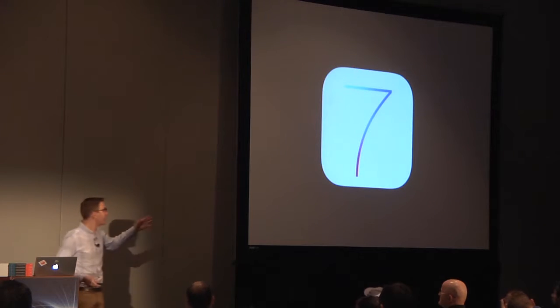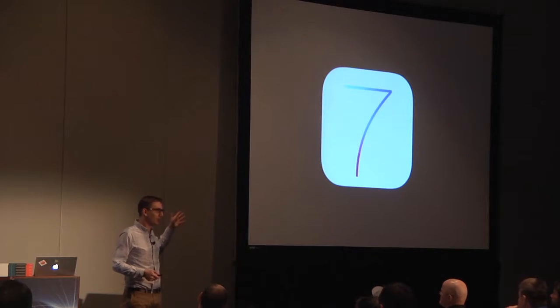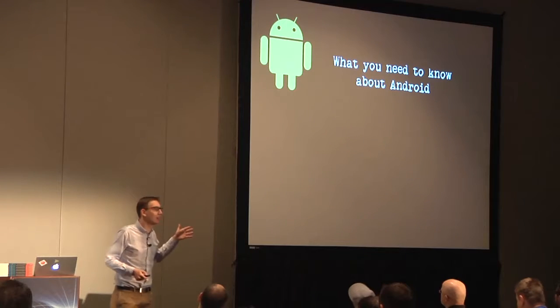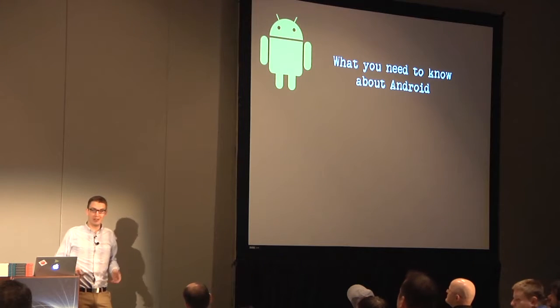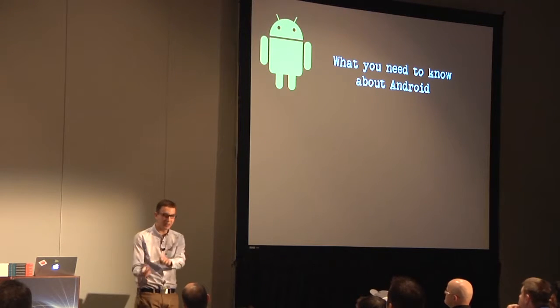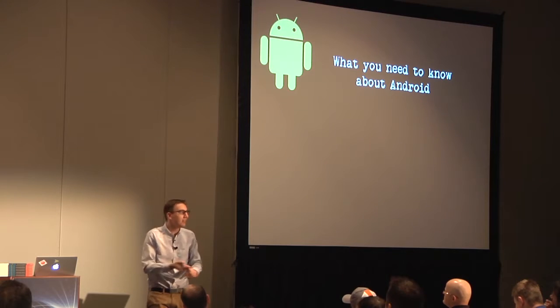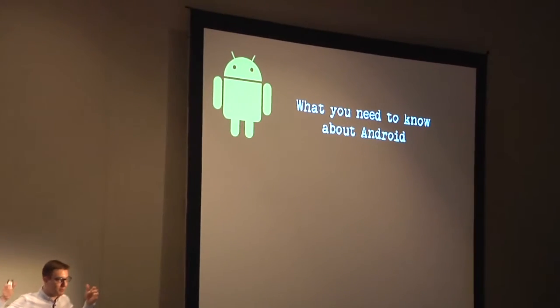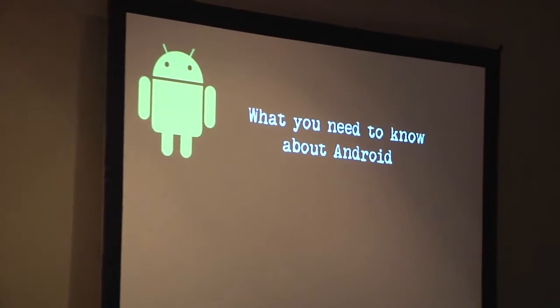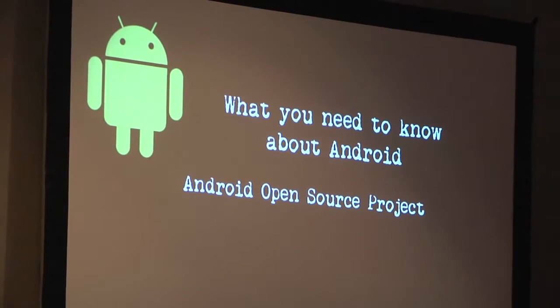So we have that nice, very neatly organized world of iOS, and then we have to compare that to the very different world of Android. People talk about how Android is more difficult to manage, more insecure, and people have religious battles about iOS versus Android. But the important thing to know is that most Android devices can all run the same applications, and they're the same basic operating system. Android itself is, for most phone manufacturers, just a starting point.